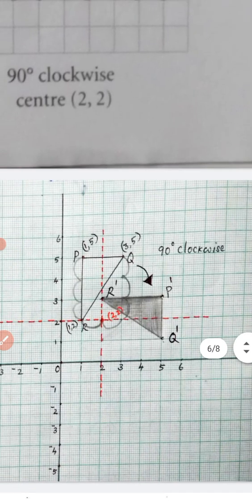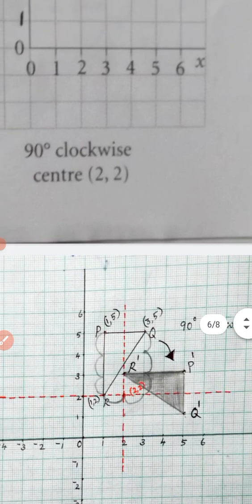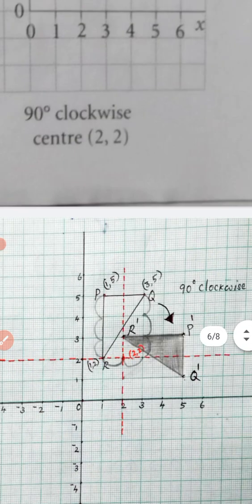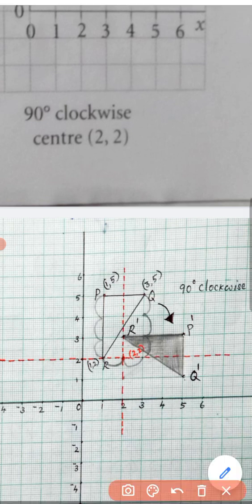Which is our first step, children? First, we have to plot the center of rotation. Center of rotation is 2, 2. So plot 2, 2 first: 2 from the x-axis and 2 from the y-axis. This is the center of rotation.